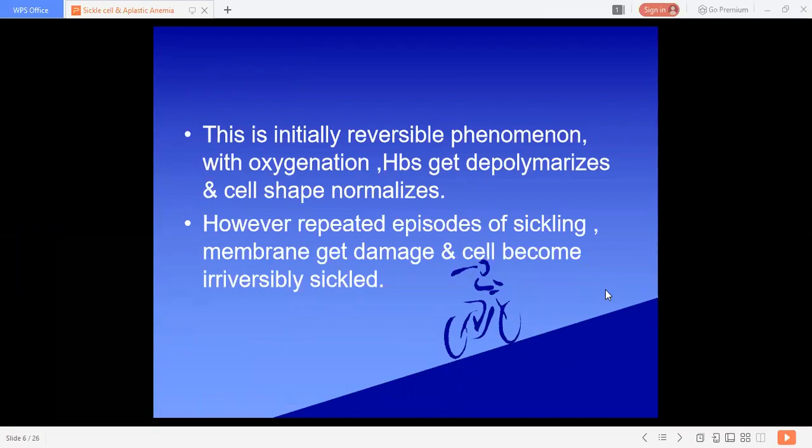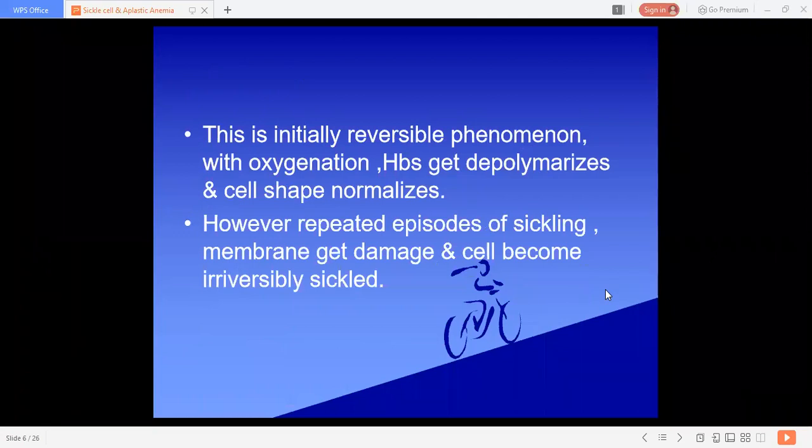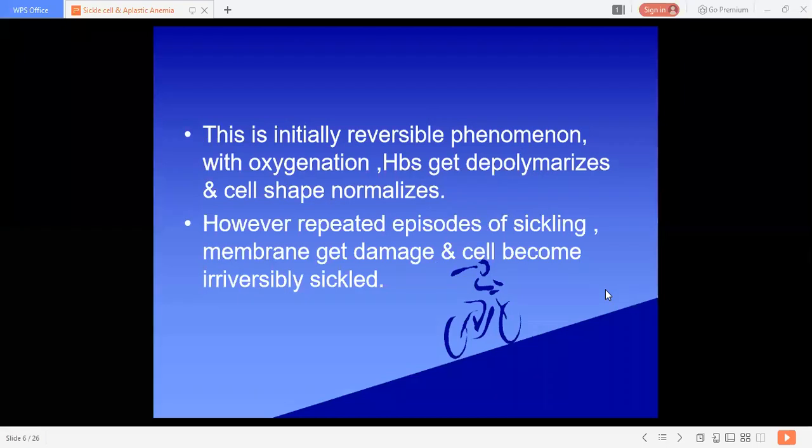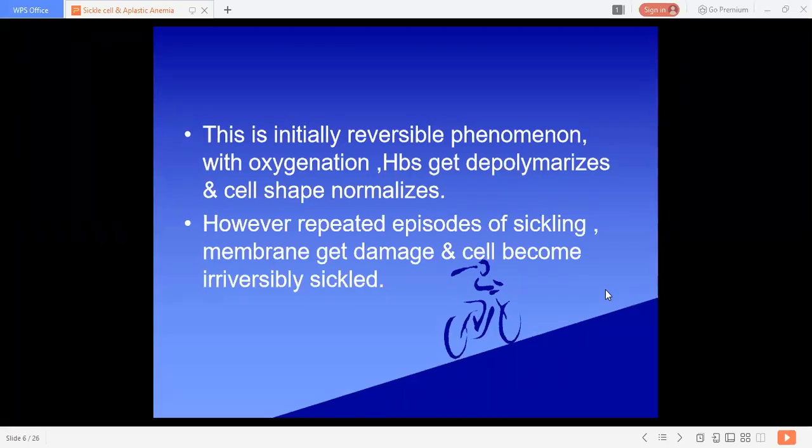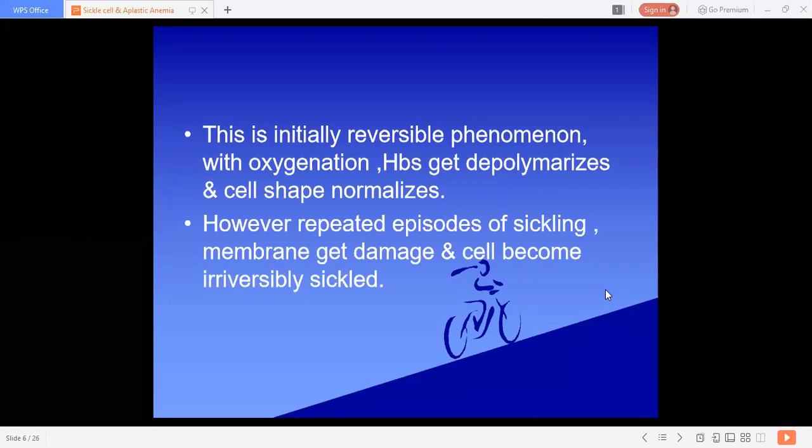With oxygenation, HbS depolymerizes and the cell shape normalizes again. So in the initial stages this phenomenon is reversible. Whenever the oxygen supply is corrected, HbS depolymerizes and the cells again appear in the normal biconcave shape.